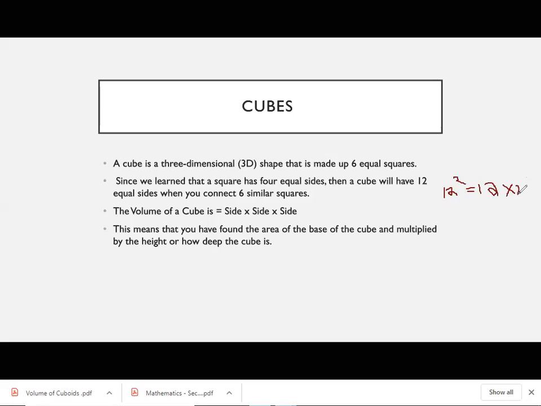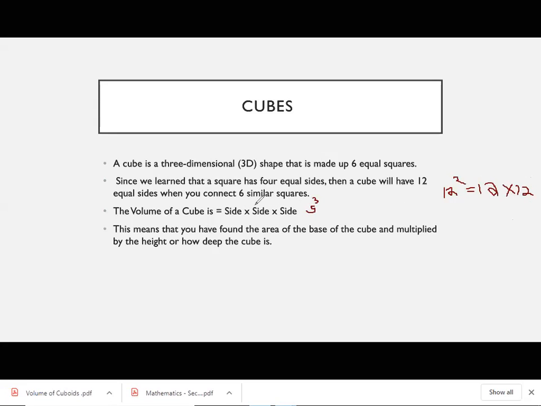That is not the same as 12 multiplied by 2. So in the same way, side multiplied by side multiplied by side is not the same as side multiplied by 3. What this is, it is something called side cube.